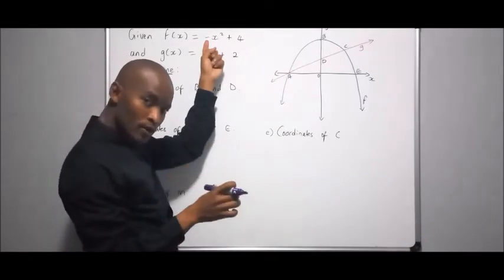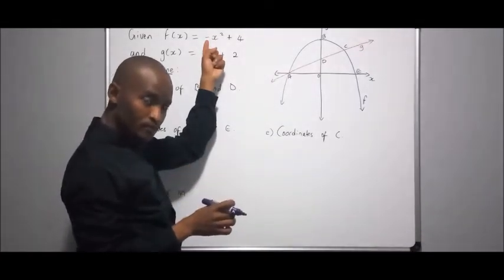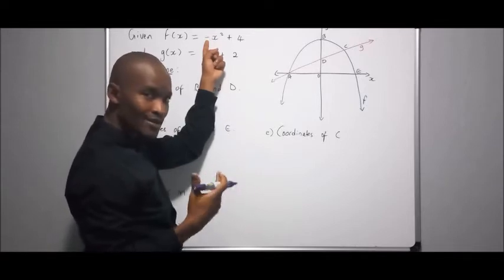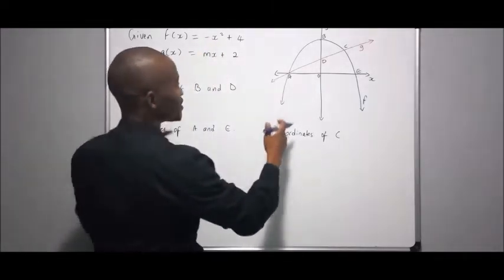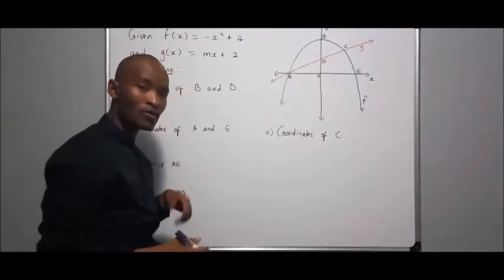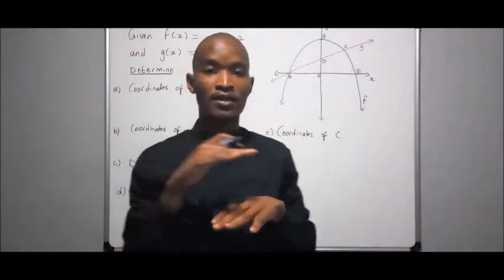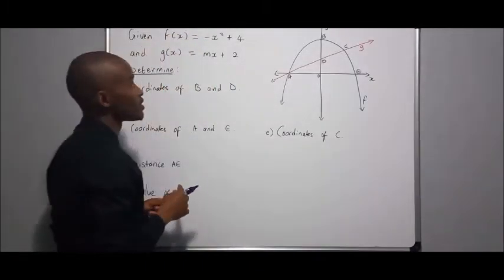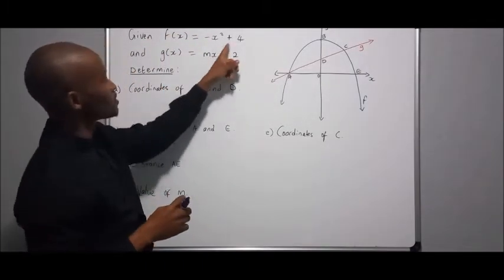If the coefficient of x squared is negative, what type of orientation will the parabola have? I hear concave down. That's correct. And as you can see, it's concave down, and that implies that there is a local maximum for this graph or this function.